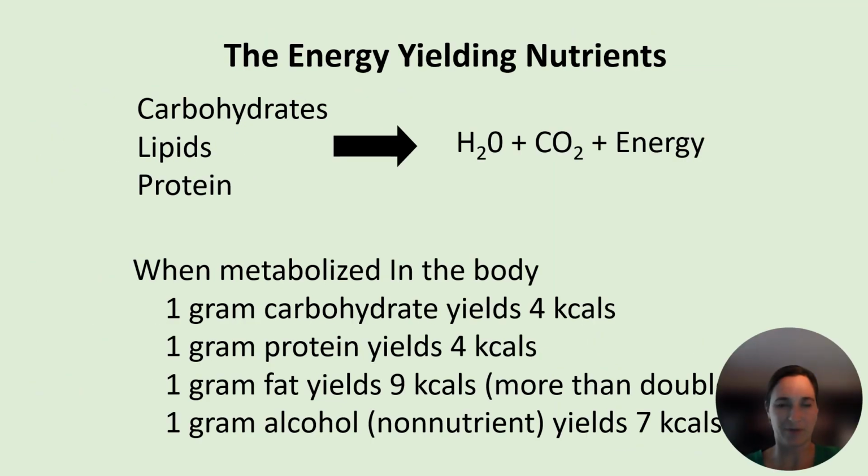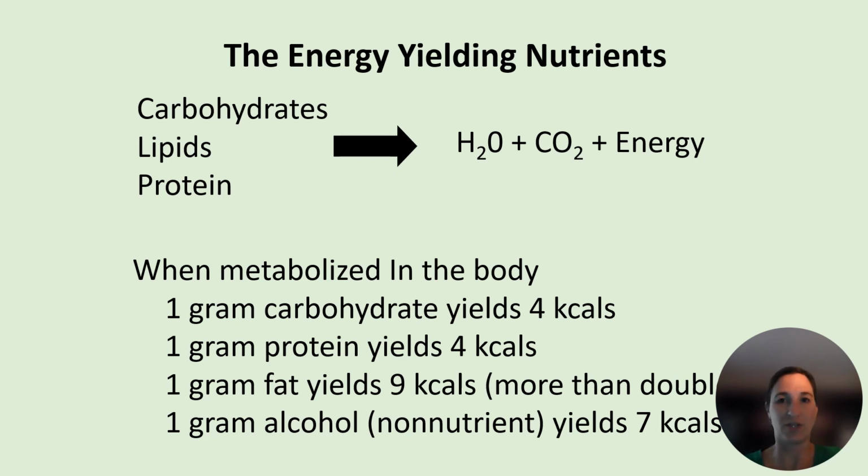Now I keep talking about this process called cellular respiration, this process that our body uses to convert the energy in carbohydrates, lipids, proteins, our three major energy yielding nutrients, to a form of usable energy that our bodies can actually use. And so what happens in this process of cellular respiration is our cells break down these three energy yielding nutrients to yield water, carbon dioxide, which we breathe out, and energy, ATP.